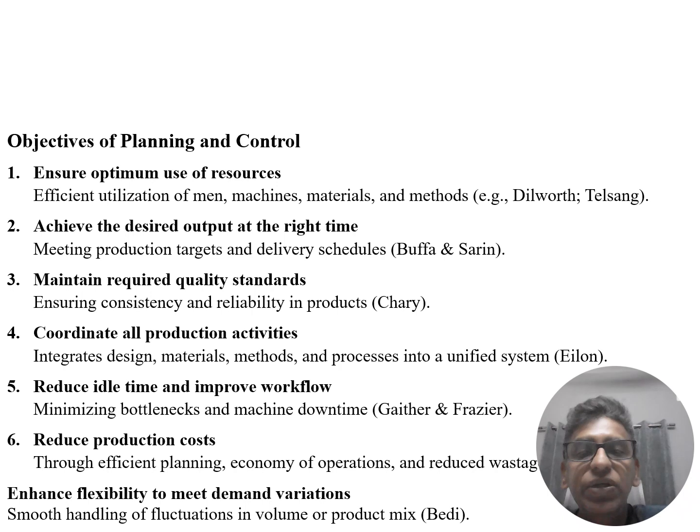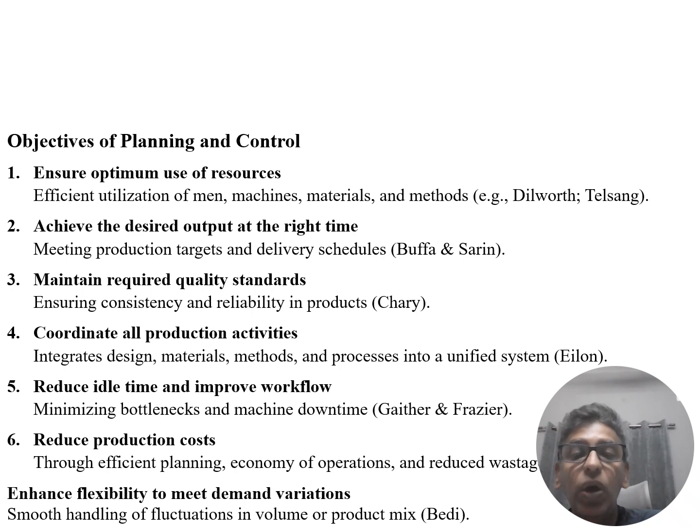Second one is achieve the desired output at the right time, meeting production targets and delivery schedules. The production target is in terms of quality as well as quantity. Suppose a particular customer is ordering nearly 100 components on a particular date, you have to supply to the customer exactly on that date as well as the same quantity.